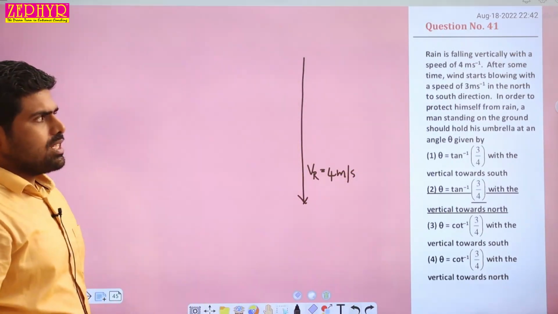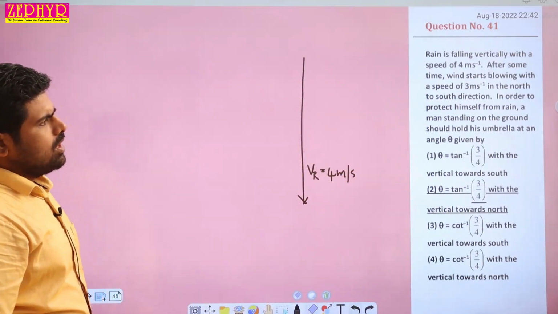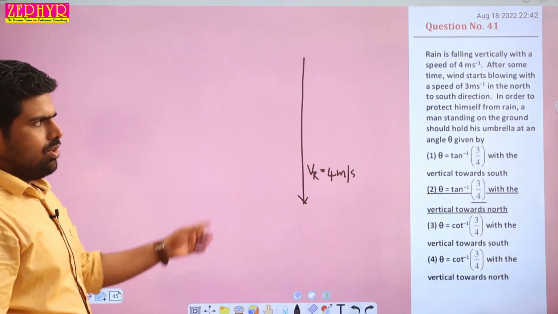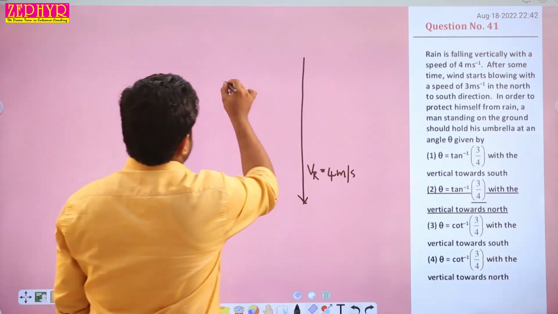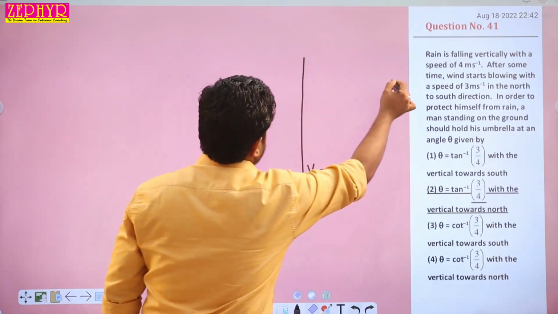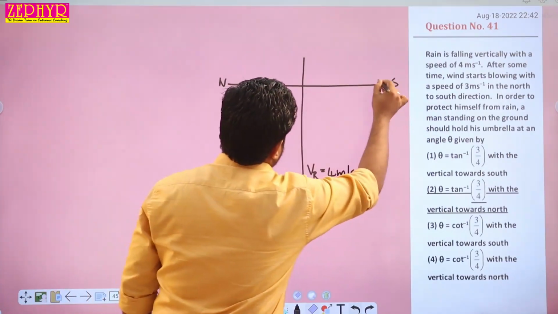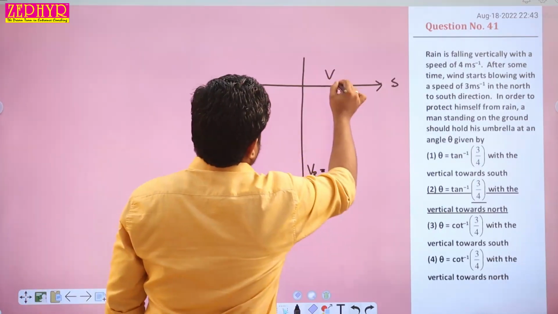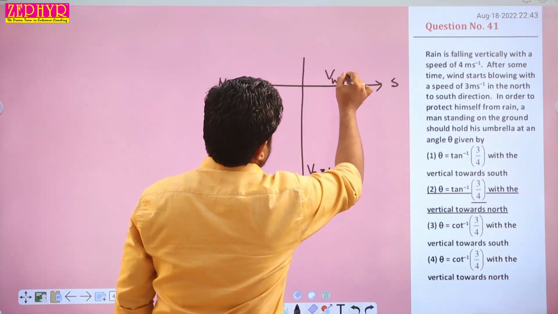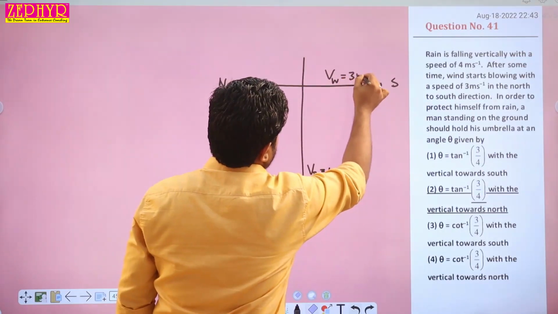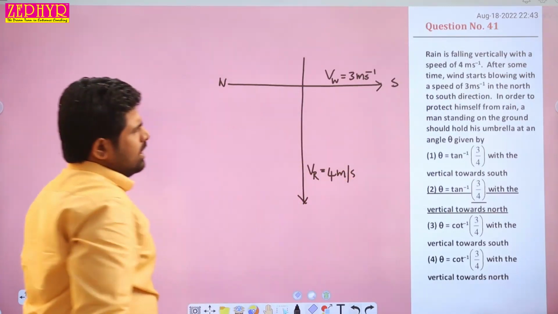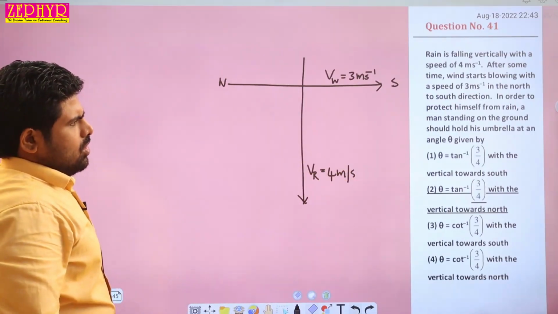After some time wind starts blowing with a speed of 3 meter per second in the north-south direction. So you just consider this one is the north and this one is the south, and this one is the direction of the wind. Now this one is V wind, it is equal to 3 meter per second in the north-south direction.